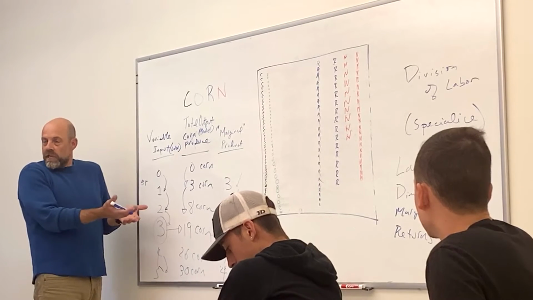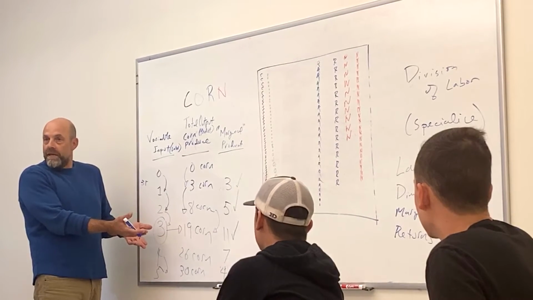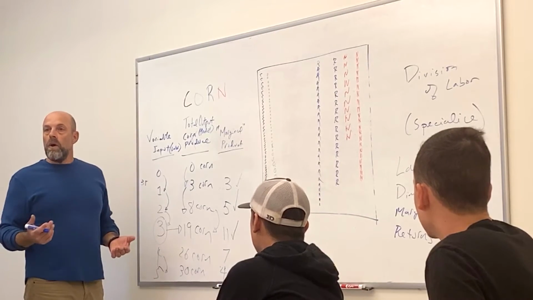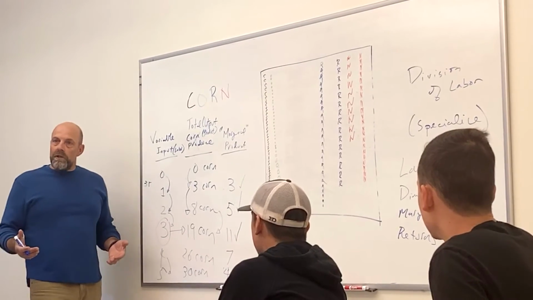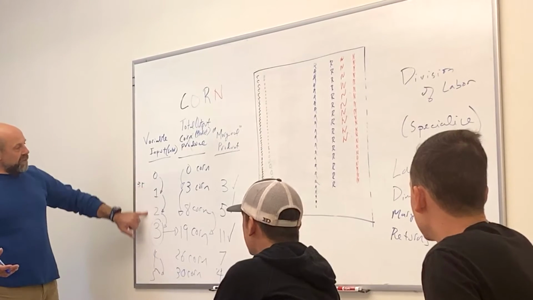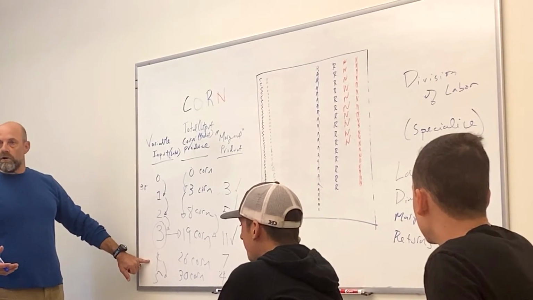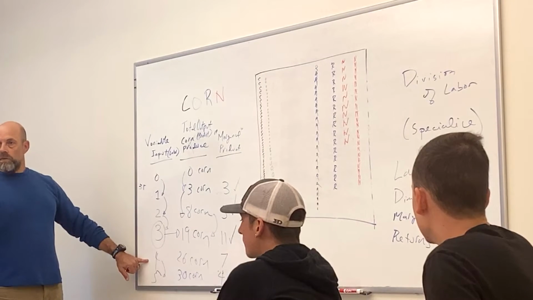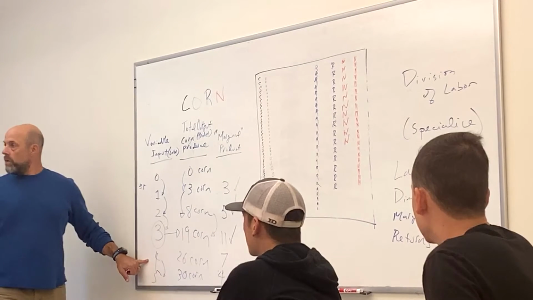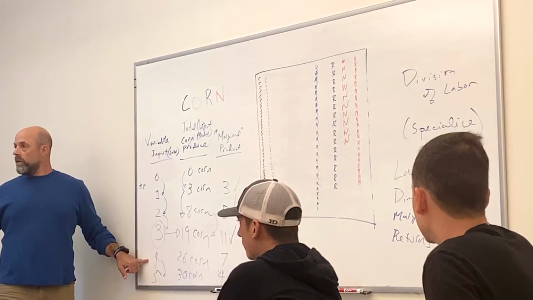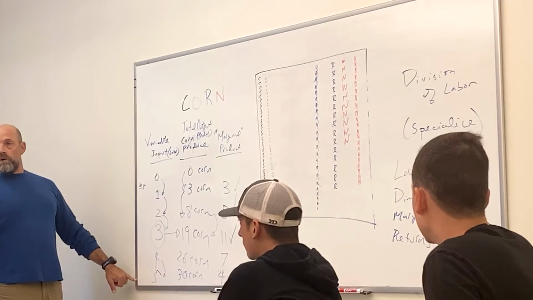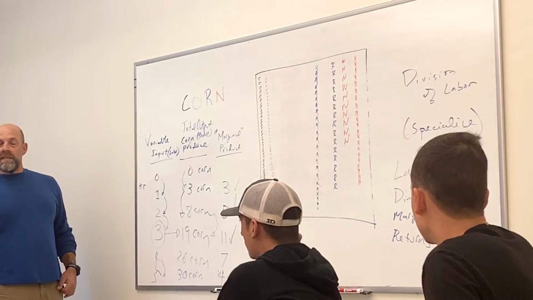How much labor in this case do we need? So you tell me, what is the optimal amount of labor based on this information to employ on our corn farm? 3. You say 3? Other ideas? 3 is definitely the most productive, but it may not be the optimal one.